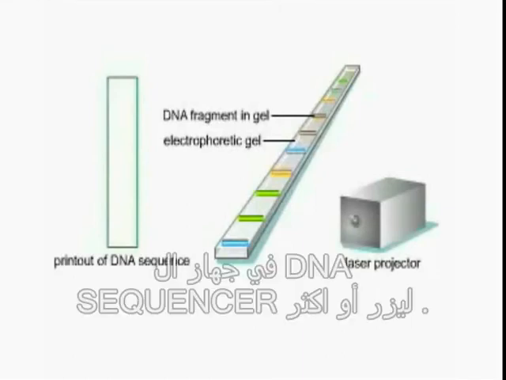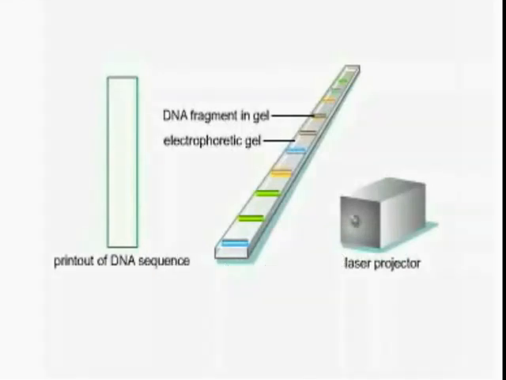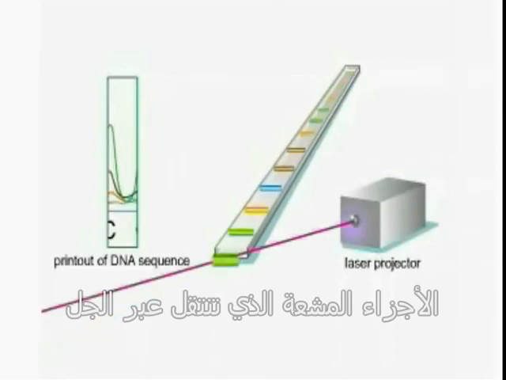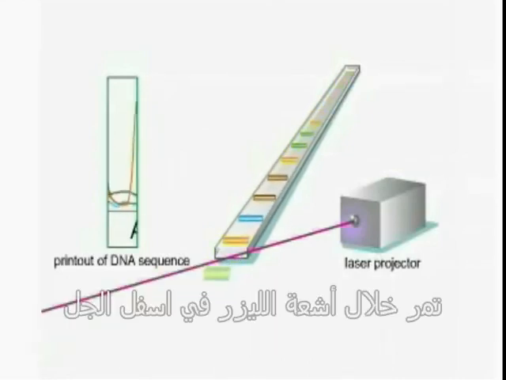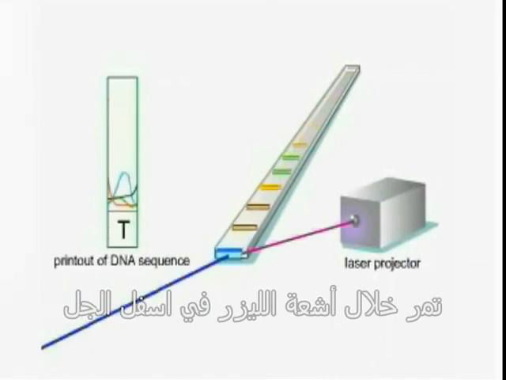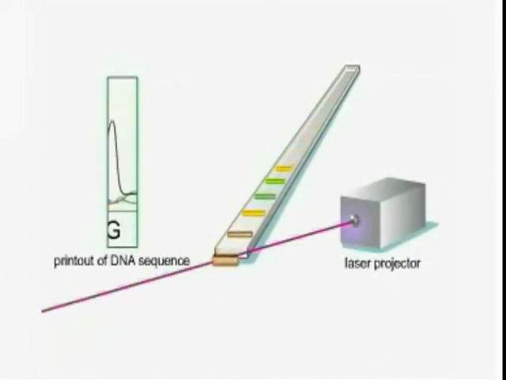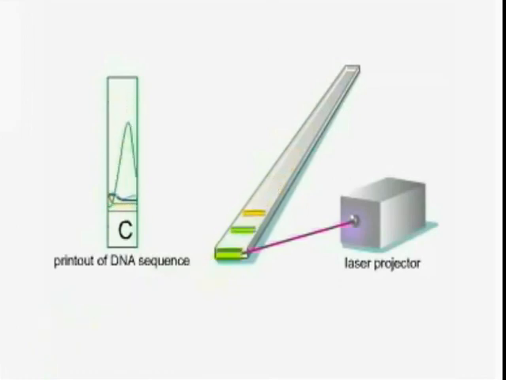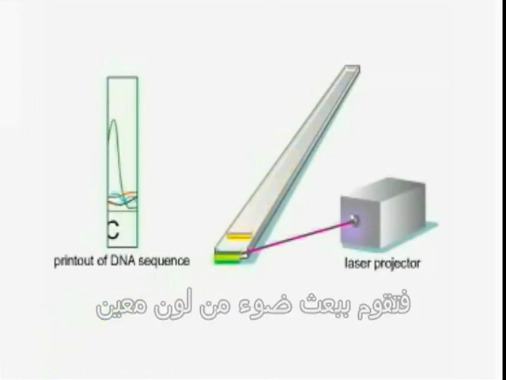A simple DNA sequencer will have one or more lasers. The fluorescently labeled fragments that migrate through the gel pass a laser beam at the bottom of the gel. The laser excites the fluorescent molecule, which sends out light of a distinct color.